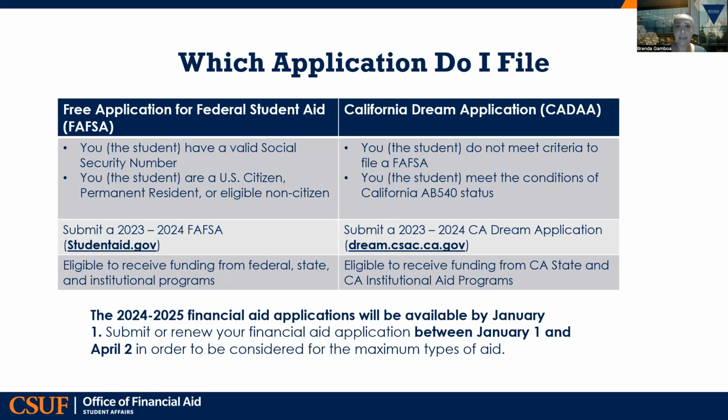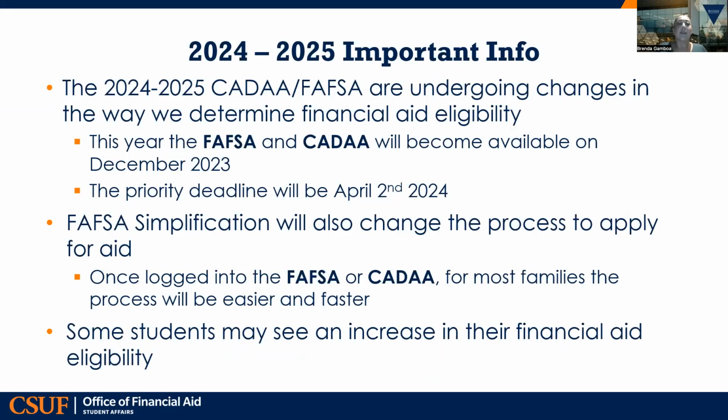Keep in mind that this is something that you do every year. So for the 24-25 CADA and FAFSA, because they're undergoing some changes, this year the FAFSA and CADA will again be available in December, December 2023.